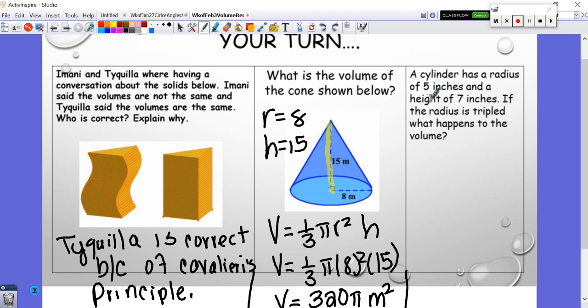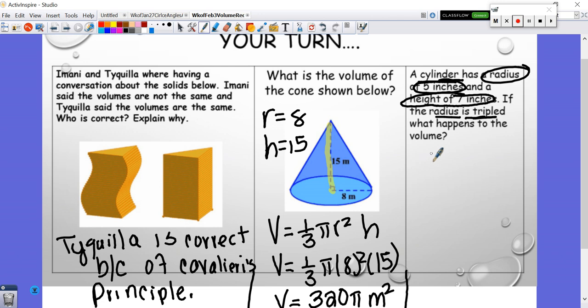So here it says a cylinder has a radius of 5. So this is about a cylinder, and guess what? Its radius is 5 inches and its height is 7 inches. This is what is going on with the object, the cylinder. It says if the radius is tripled, so we want to triple the radius, what happens to the volume?